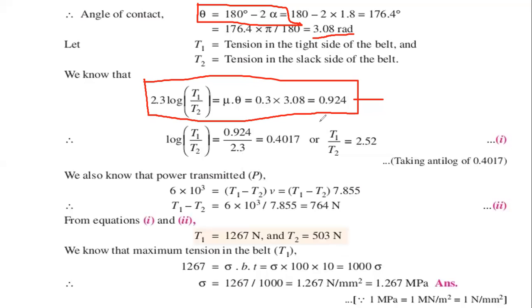Then we got the T1 by T2 value as 2.52. So this is the first equation.